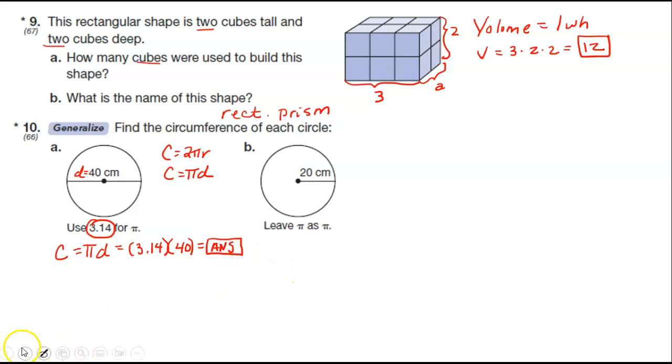Okay, I'm going to change colors. Here I have the radius, so I'm going to use 2 pi r, and it says to leave pi as pi, so 2 times pi times 20. I know I can multiply 2 and 20, so that's 40 pi is my answer.